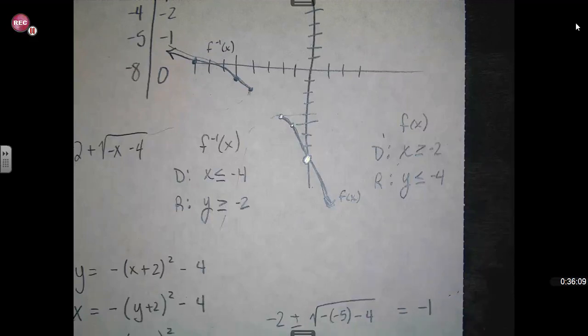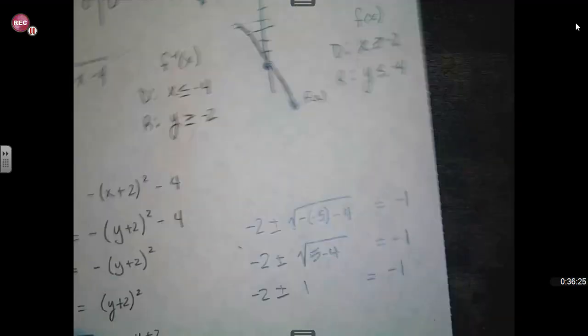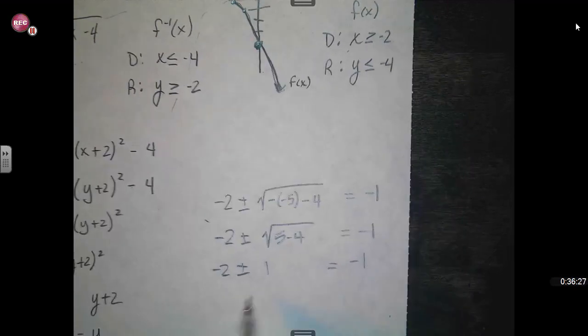So that's going to be negative 2 plus or minus the square root of 5 minus 4, and 5 minus 4 is 1, and the square root of that is 1. Which one is going to give me negative 1? It's when I add. If I subtract, I'm going to get negative 3. That's not the point I'm looking for. When I add, I'm going to get negative 1. That's the point I'm looking for.